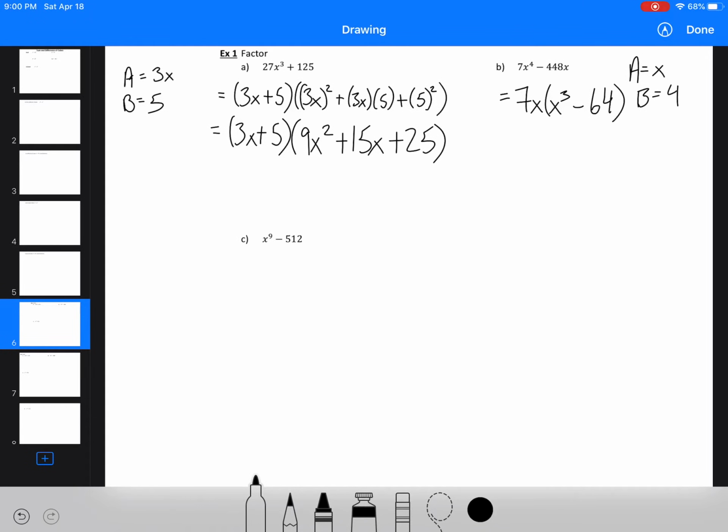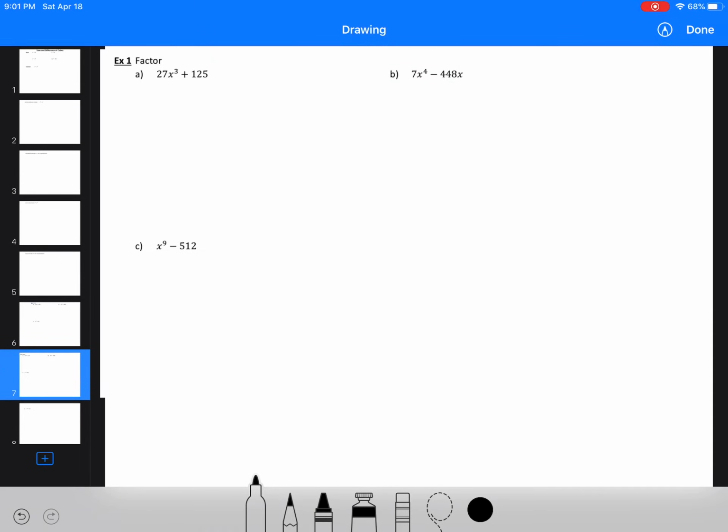So now in that second bracket, my a value is x, my b value is going to be 4. So then I'm going to have 7x. Now this is a difference. So we've got x minus 4, and x squared plus 4x plus 16.